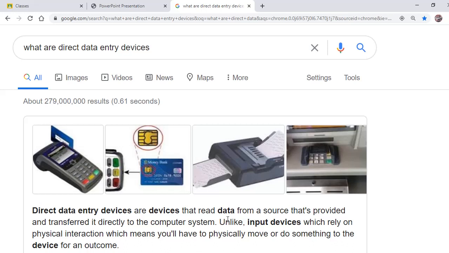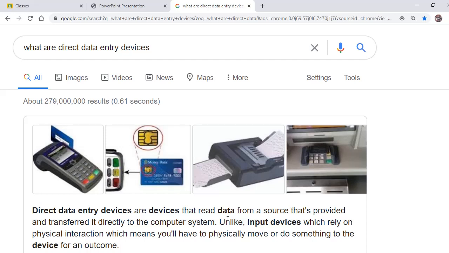You're using the keyboard to type in words to input those paragraphs and text inside the Word document. You're using the mouse to select anything on your desktop. You're using the scanner to input a hard copy image or a hard copy document to your computer to transfer the hard copy into a digital copy. Okay, so all of those are input devices.